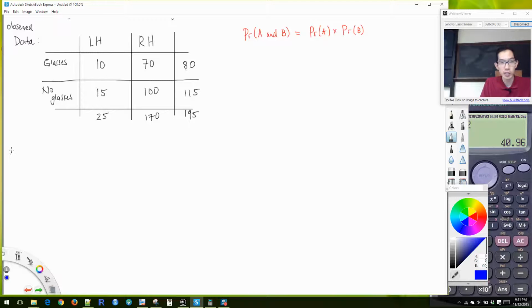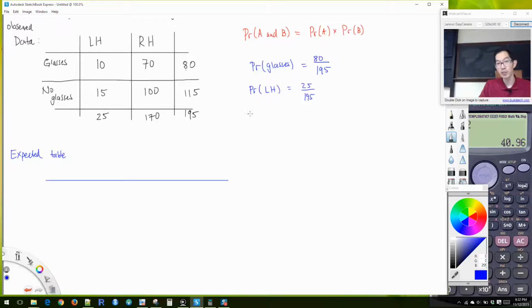So we're going to create our expected table down here. But empirically, what is the probability of wearing glasses? 80 over 195, right? This is our empirical probability of wearing glasses. Okay. And what is the probability of being left-handed? 25 over 195. Okay.